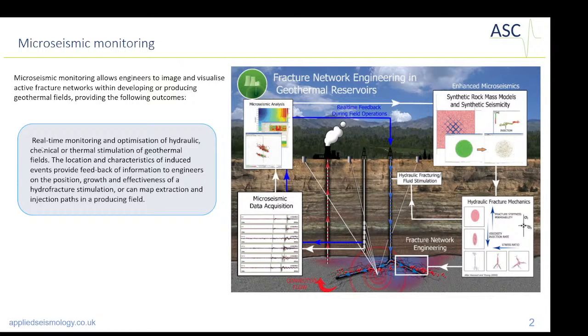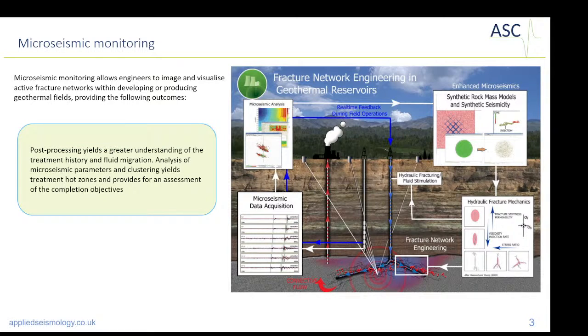The main outcome is real-time feedback, a real-time image of the processes caused by the hydraulic, chemical, thermal stimulation of the geothermal field. This is done through the location of the induced events, and also getting the source parameters for them. And this can be interpreted in terms of fracture growth and the effectiveness of the hydraulic or chemical or any other type of stimulation.